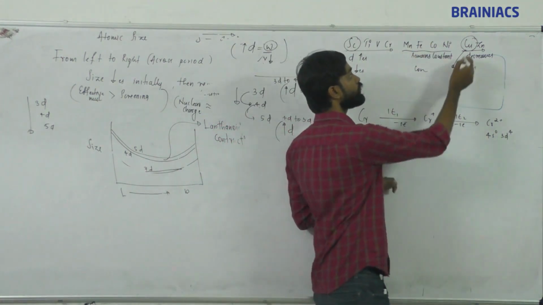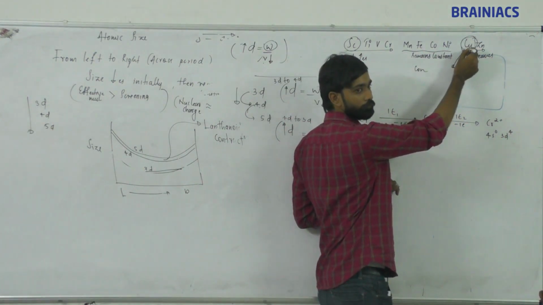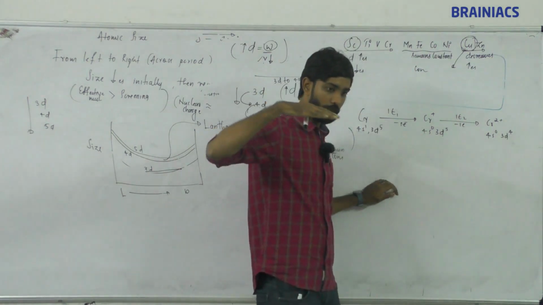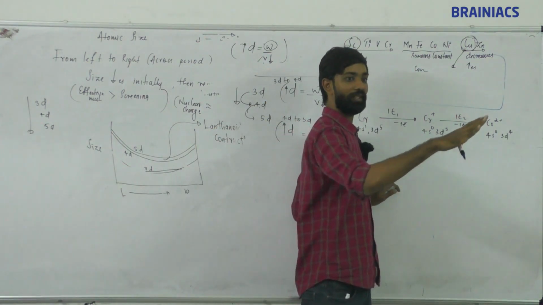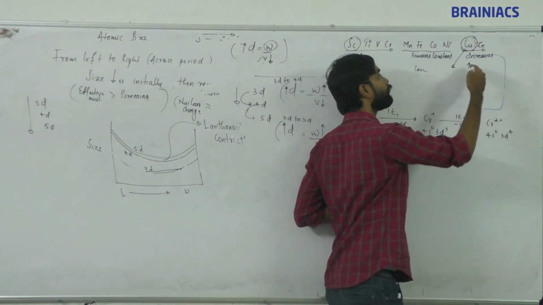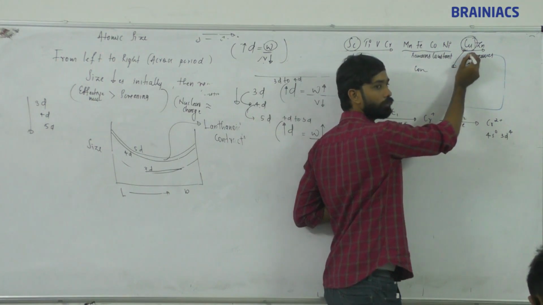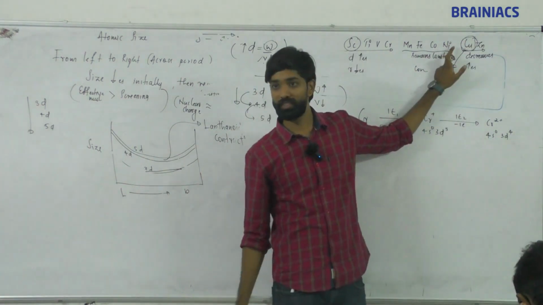It decreases to a particular value, then finally increases. So the end member in the decrease is copper, and the smallest one is nickel.